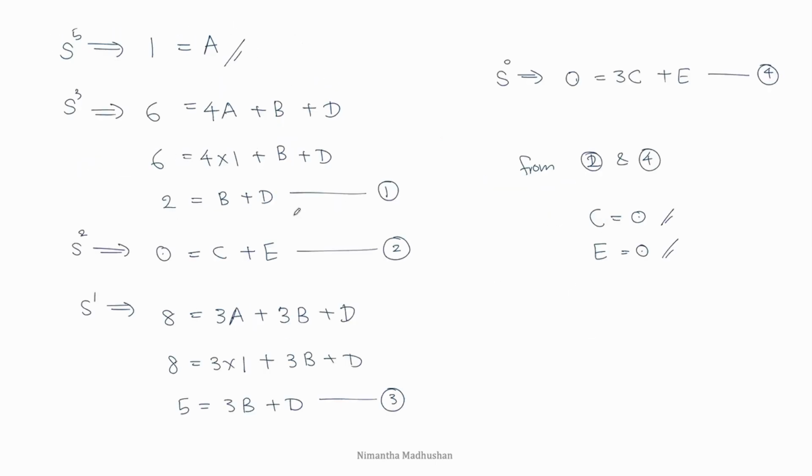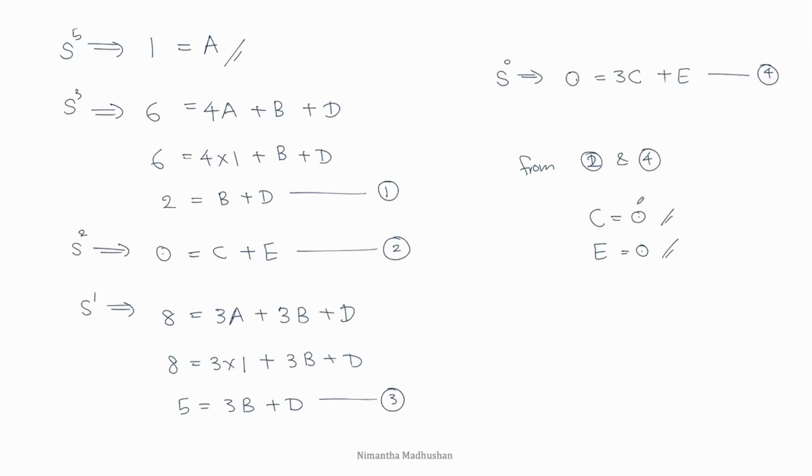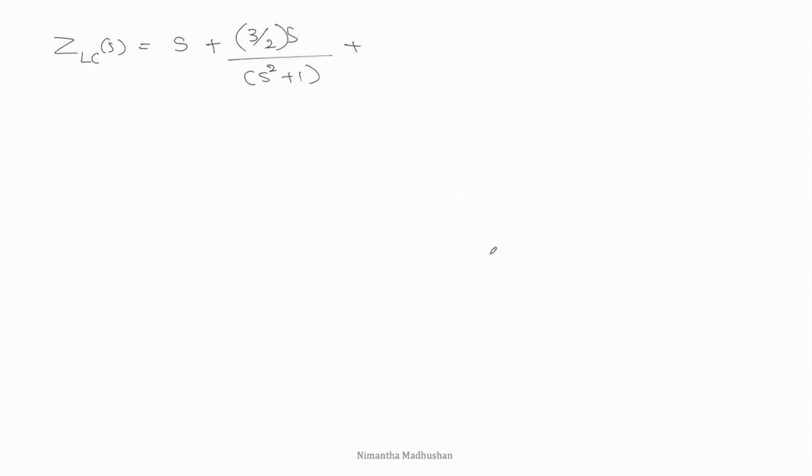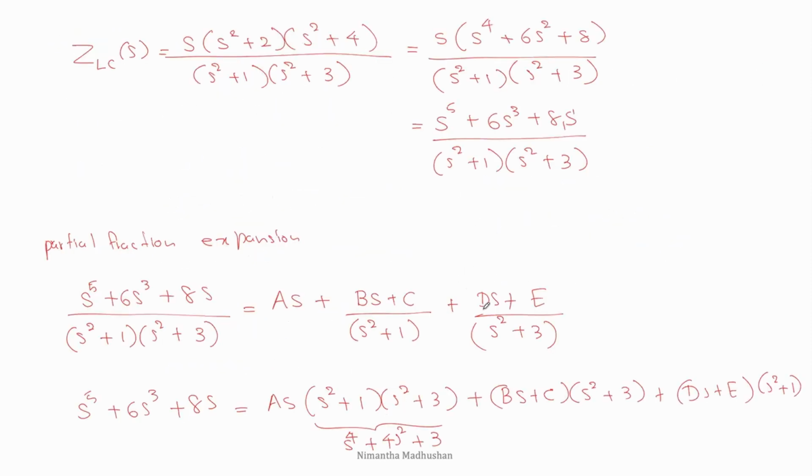Then we can write the partial fraction expansion. ZLC is equal to A, which is 1, times S, plus B, which is 3 over 2, times S over S square plus 1, plus C, which is 0, plus D, which is 1 over 2, times S over S square plus 3.